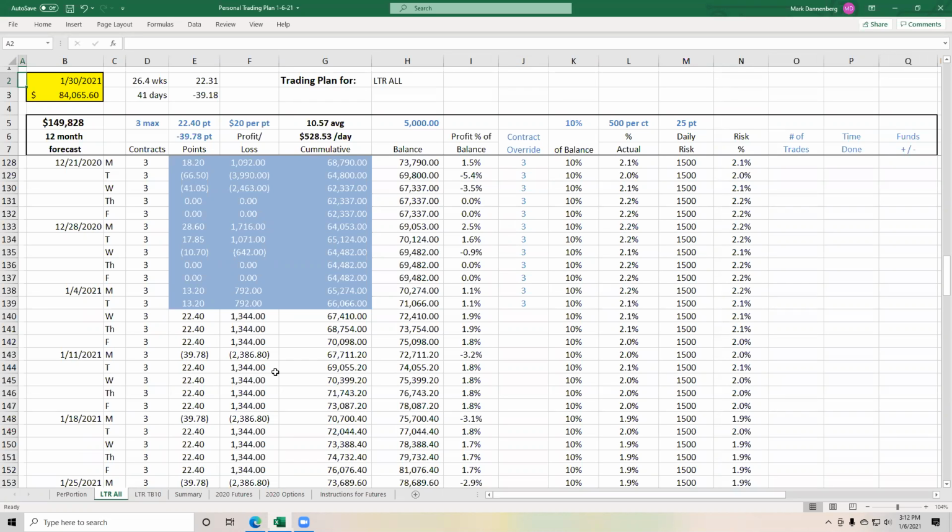That is your averages to date. And then there is a forecast, and it's taking the averages to date and forecasting those values forward. And if you were able to continue to operate at those averages, both a blended average, both winning days and losing days, it will project for you approximately what your income could be over a 12-month period.